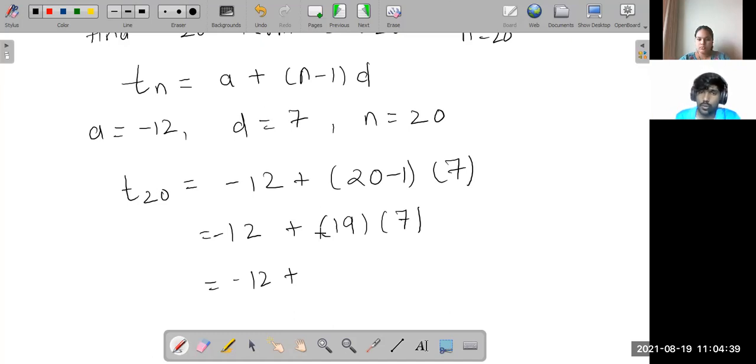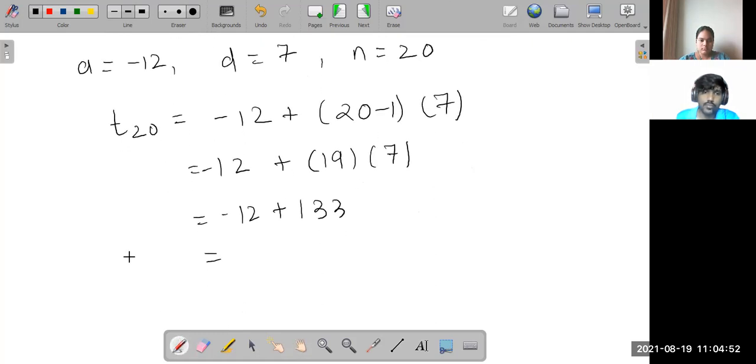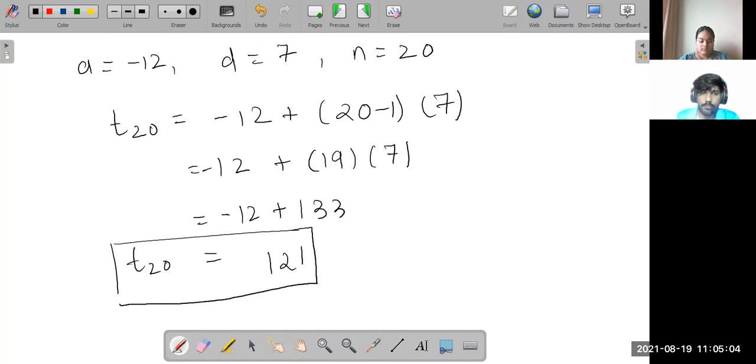So now this is minus 12 plus 133. So that will be, what to subtract? After subtracting, you get 121.